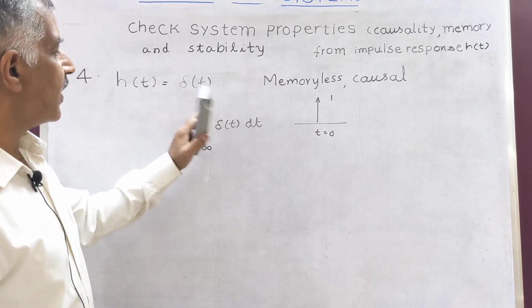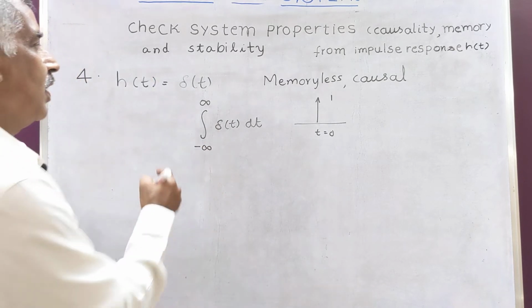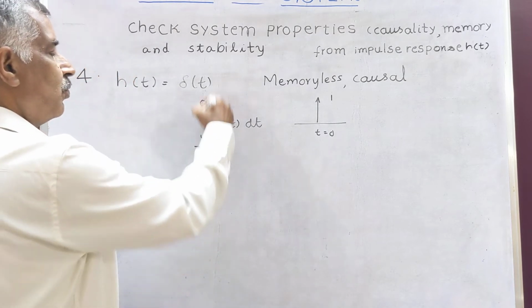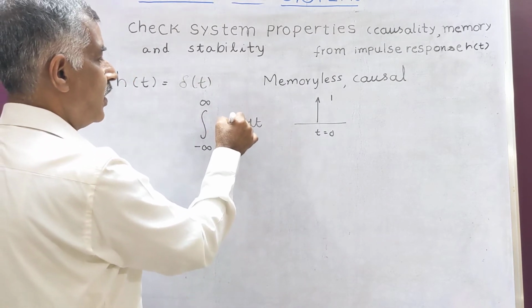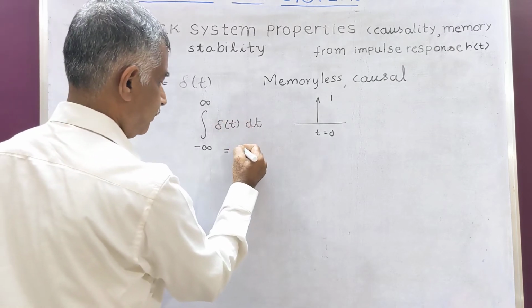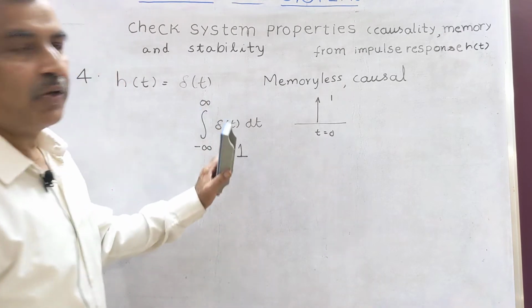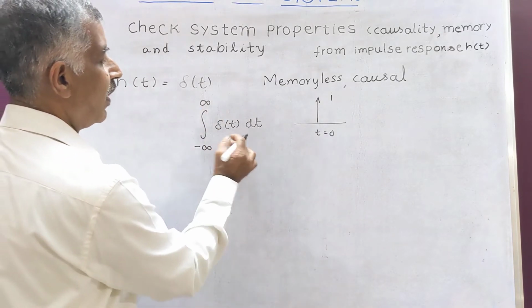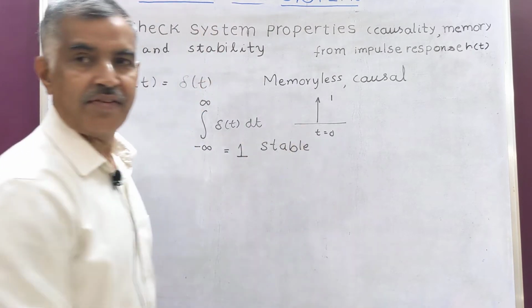This integral exists only at t equal to 0, and its value is 1. Hence, it is a finite value. Therefore, it is stable.